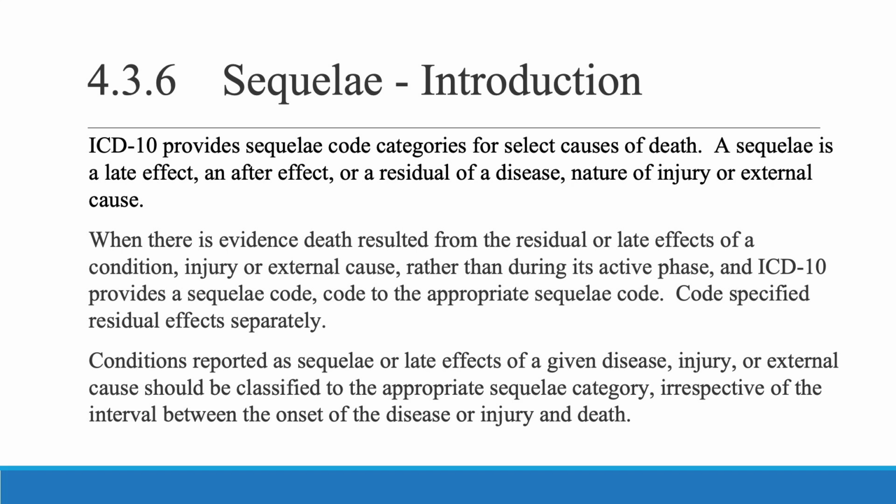Conditions reported as sequela or late effects of a given disease, injury, or external cause should be classified to the appropriate sequela category, irrespective of the interval between the onset of the disease or injury and death.